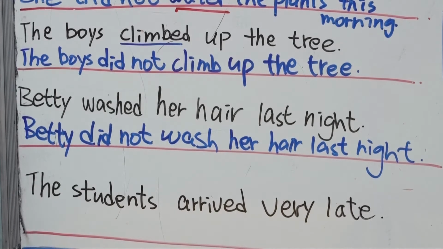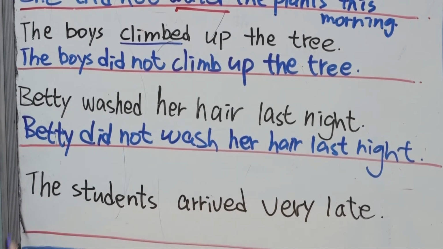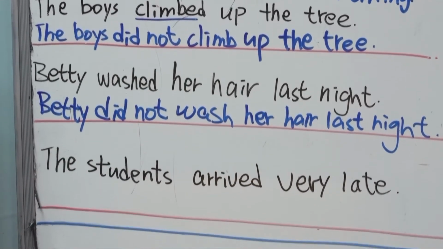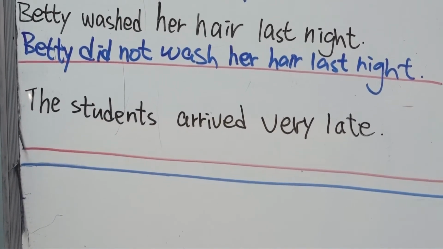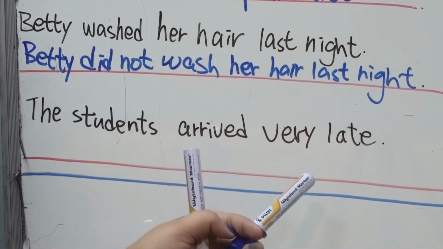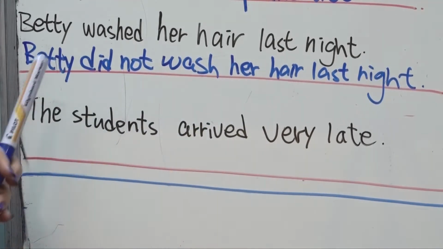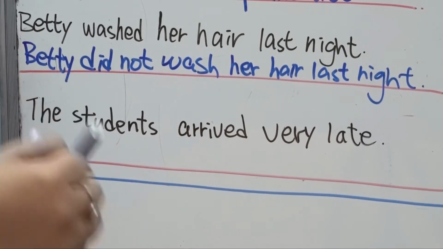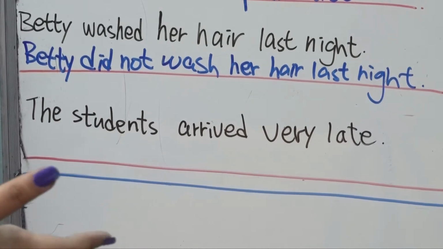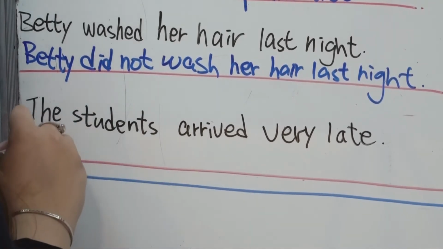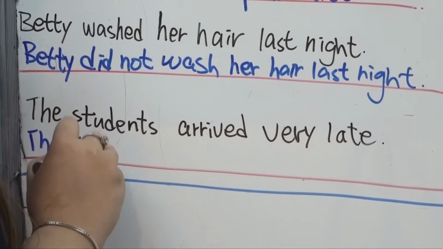Okay, the last one. The students arrived very late. The students arrived very late. So which one is the subject here? Very late. Arrived. The students. A subject does action, right? Who did this action? The students, right? So we write the subject first, as always.